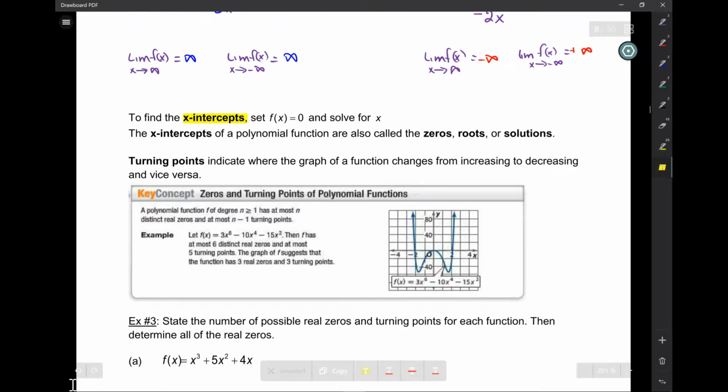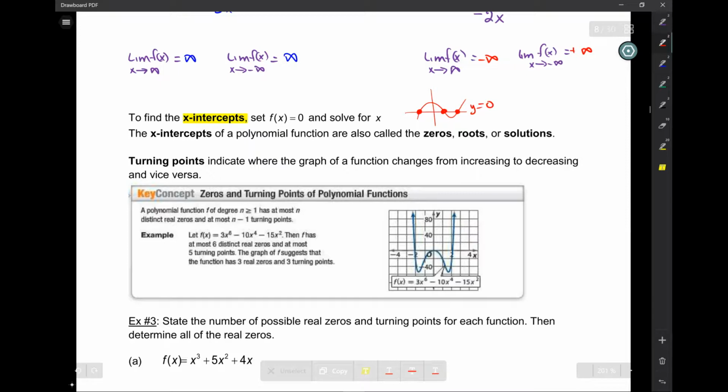Now, x-intercepts. Again, these are all things that you've seen. Now we tell you again for the last time, and then we never teach you this stuff ever again, right? To find the x-intercepts, think about it. X-intercepts are these points. What's the y value at those points? 0. Y is 0.